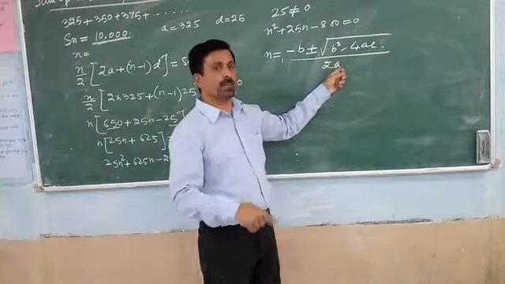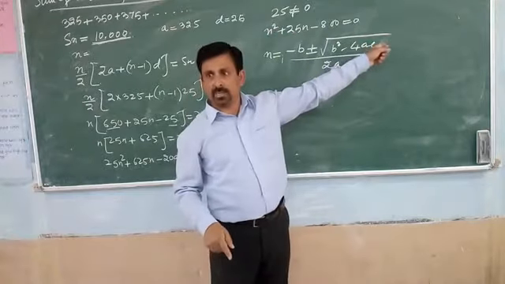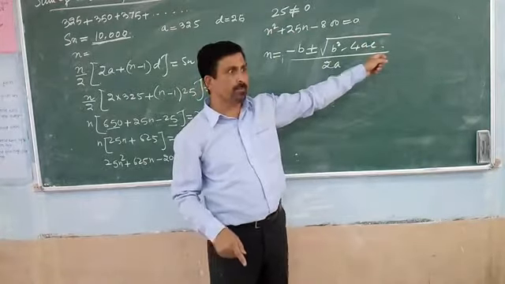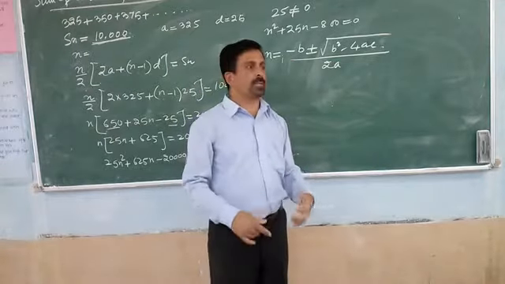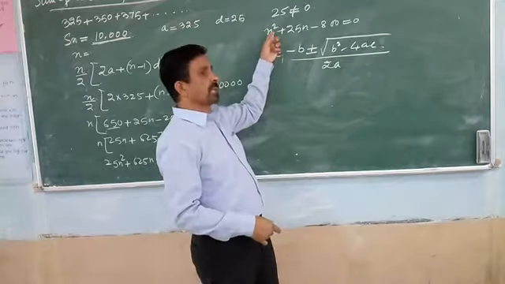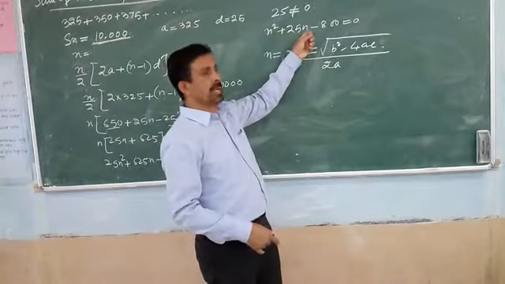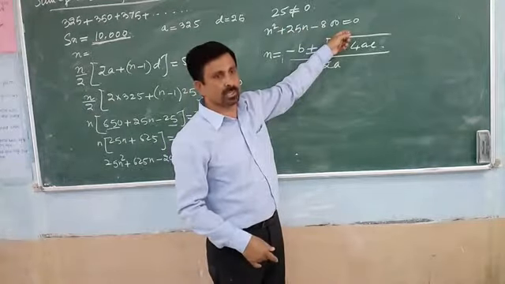This is a quadratic equation, it's a trinomial. Coefficient means the number in front of the variable. So here the coefficient of n square is 1. The coefficient of n is 25. And this is said to be a constant.